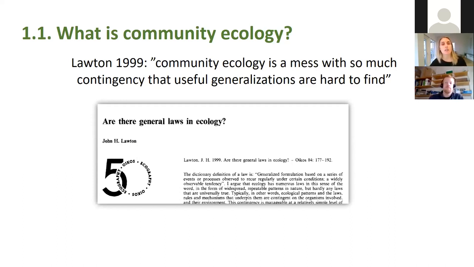He said community ecology is a mess with so much contingency that useful generalizations are hard to find, meaning that we have in community ecology so many study system specific studies that it's difficult to make generalizations from all of these individual studies.